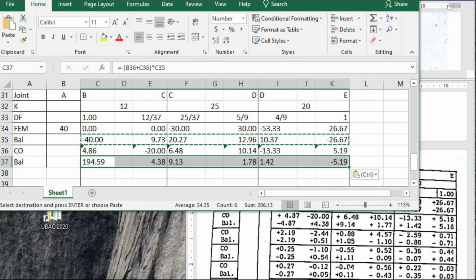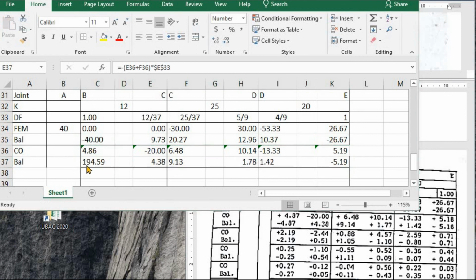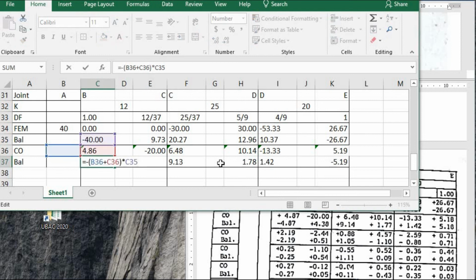Next. Now, look here. Why is this 194.59? Whereas in the book, that is negative 4.87. Okay, so let's check. I will click that and press F2. Okay, this should be fixed to the distribution factor of 1.